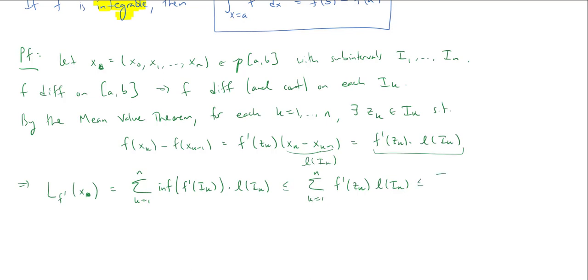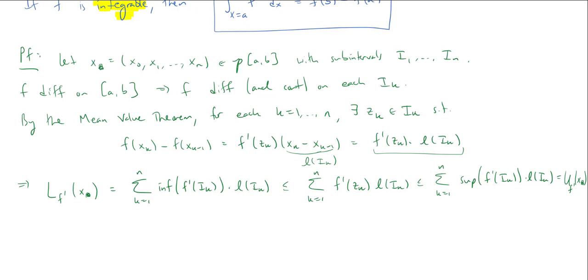So this will be less than or equal to the sum, k goes from 1 to n, of the supremum of f prime on Ik times the length of Ik. But this is exactly equal to the f prime upper sum of x.